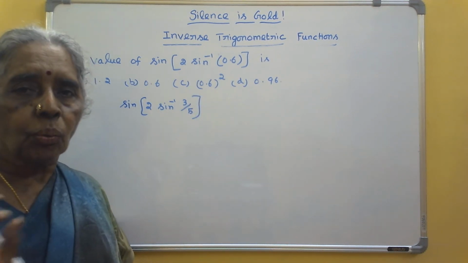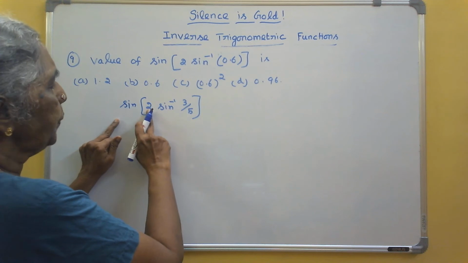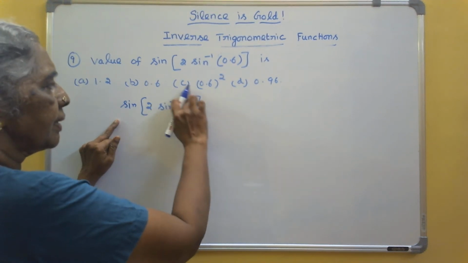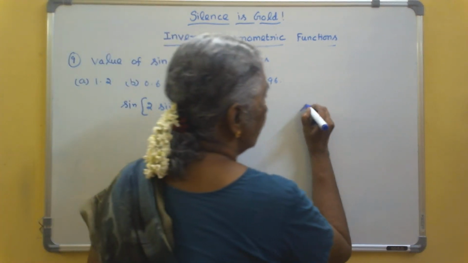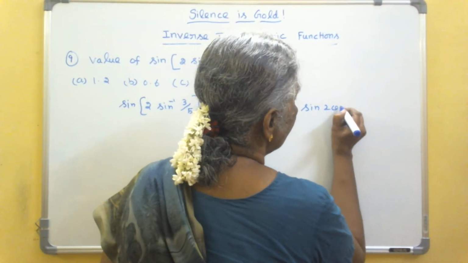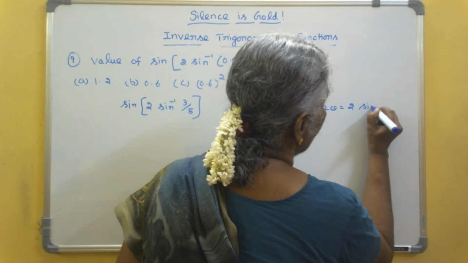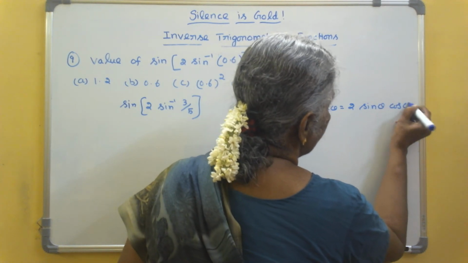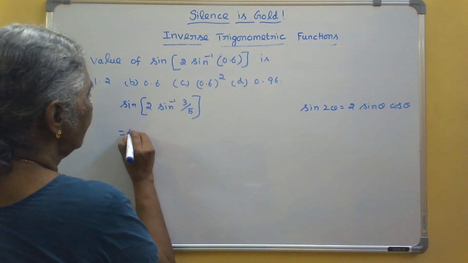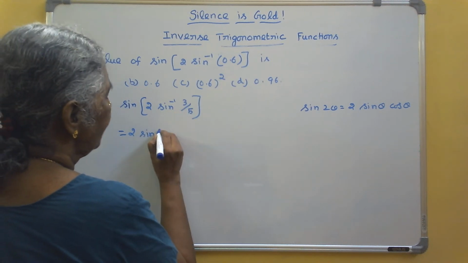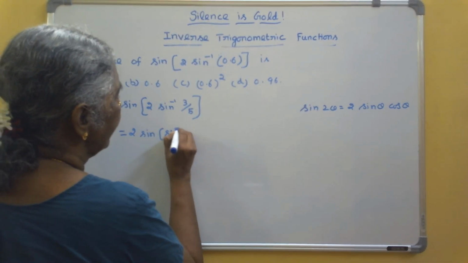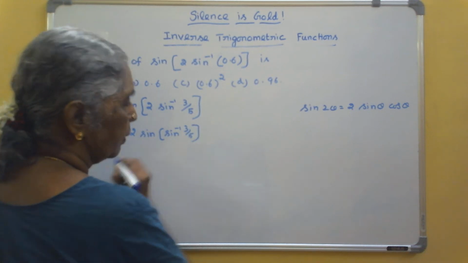Now you view this as sine 2 theta. That is, this total thing inside you consider in your mind as theta. You know sine 2 theta is equal to 2 sine theta cos theta. So now I will get 2 sine, in the place of theta, sine inverse 3 by 5.